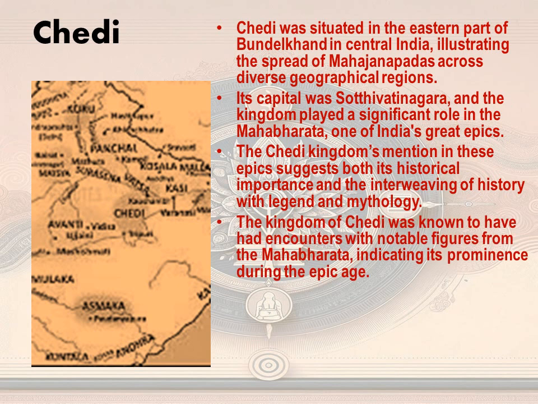The kingdom of Chedi was known to have had encounters with notable figures from the Mahabharata, indicating its prominence during the epic age. So one such story I have already said, and another story was that Yudhishthir, in order to become a Chakravarti Samrat, which means a ruler of the entire Indian subcontinent, had to get the support of the Chedi king Shishupal.